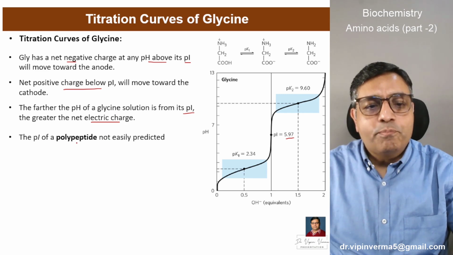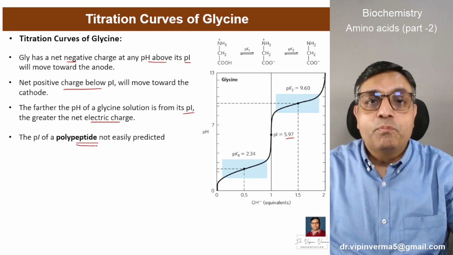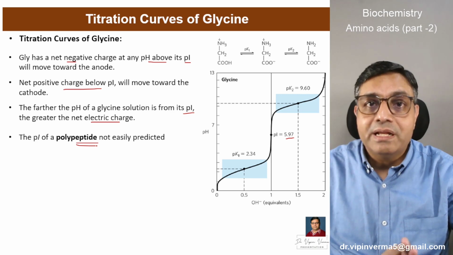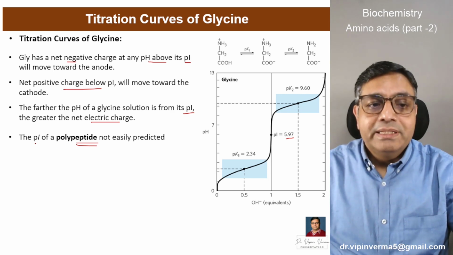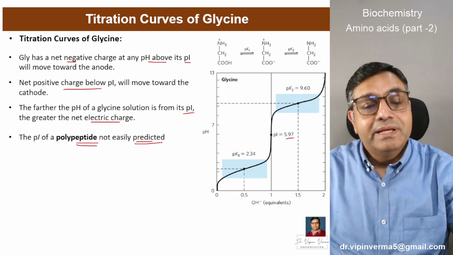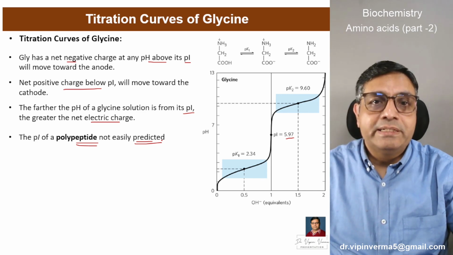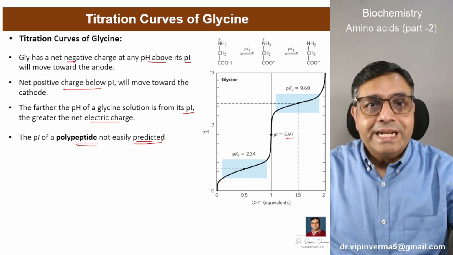Now we are talking about the pI of a polypeptide, not a single amino acid. Remember, the pI or isoelectric point of a polypeptide is not easily predicted. In the case of amino acids, we can easily predict the pI because we can titrate it.